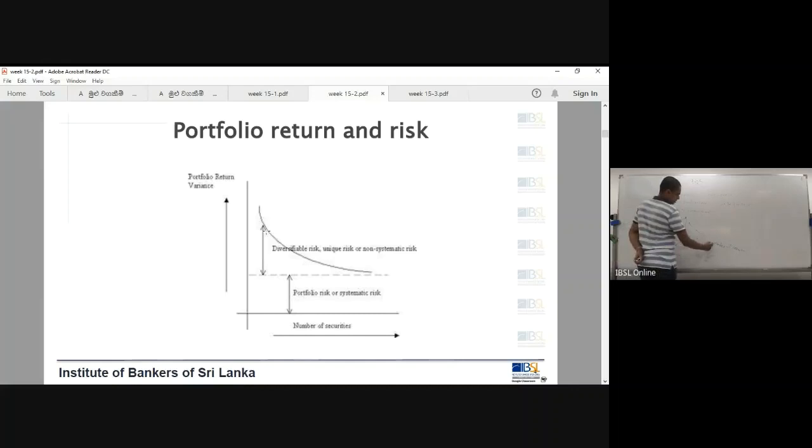Likewise, if you increase the number of securities and keep increasing the number of securities in the portfolio, your risk will reduce. It will continue to reduce until a certain level.